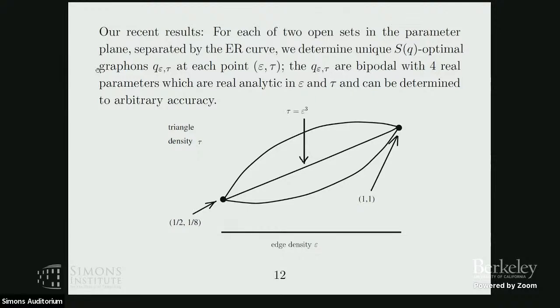And of course, this is a singularity. So I have a two-dimensional analytic surface, where the 2 dimensions are epsilon and tau. I have a 2-dimensional analytic surface in 4 dimensions over each of these open sets, with a common boundary of singularities.